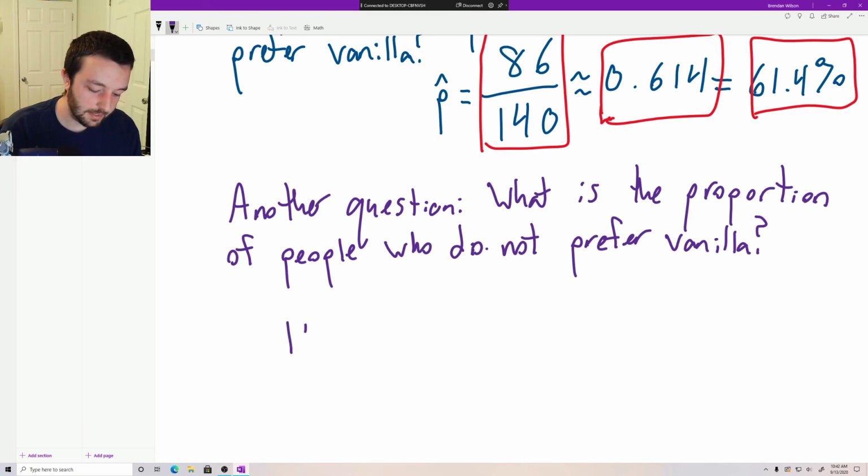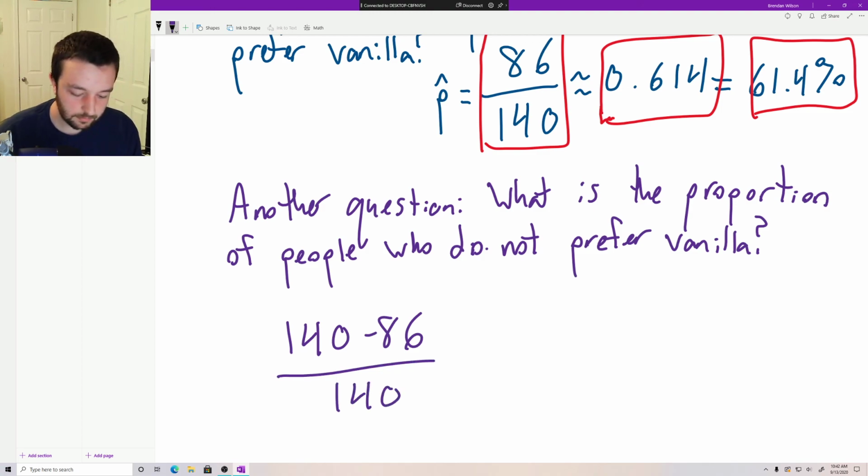So we could do that as 140 minus 86, divided by 140. So this would be p hat again. It's whatever's left over, right? If 86 said yes, the rest of them had to have said no. The way we find that would be 140 minus 86.